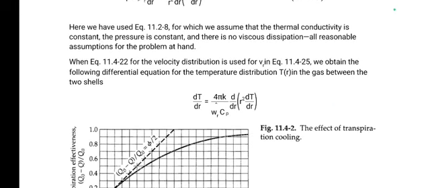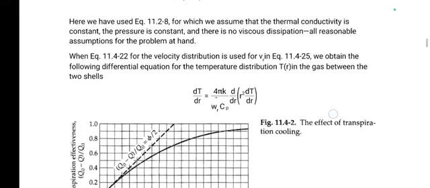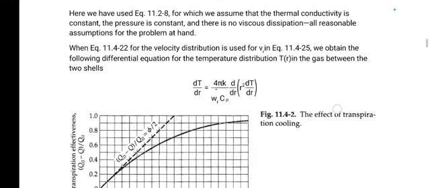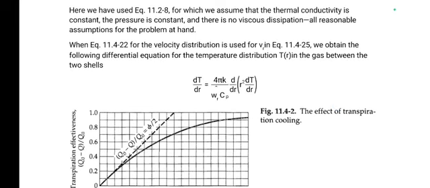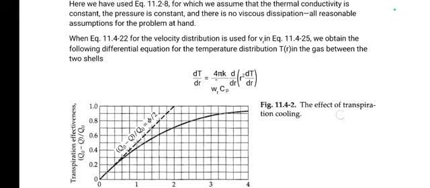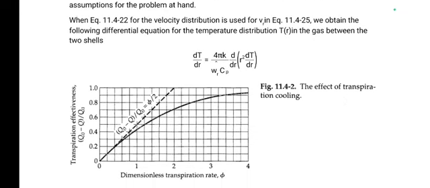When equation 11.4-22 for the velocity distribution is used for v_r, we obtain the following differential equation for the temperature distribution in the gas between the two shells: dT by dr equal to 4 pi k d by dr of r squared dT by dr upon w_r Cp.